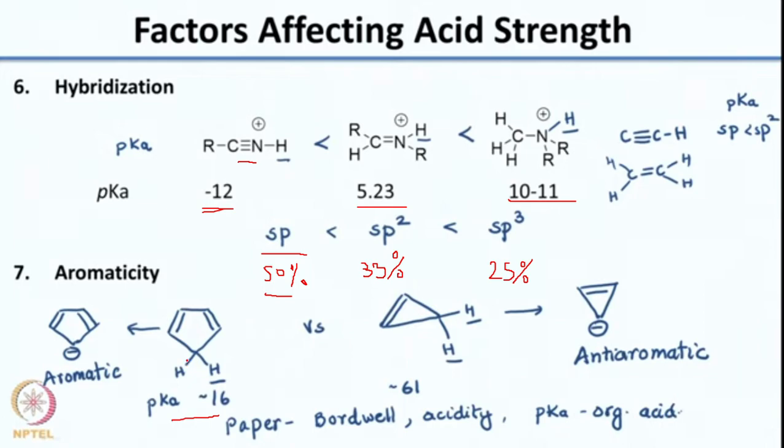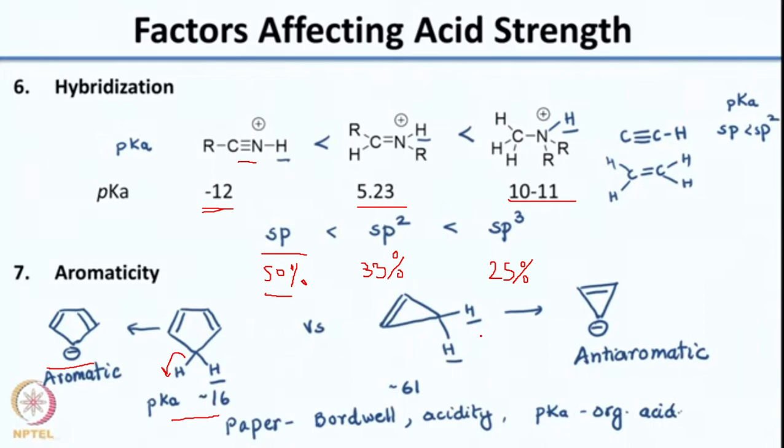After proton donation, a negative charge will be generated here. Now this is an aromatic ring, and you can follow the 4n+2 pi electron rule. So this is following the rule, which means this is an aromatic compound. Because of the aromaticity, it becomes stable, so this is the stable conjugate base.